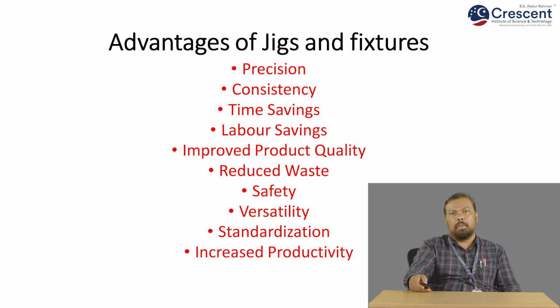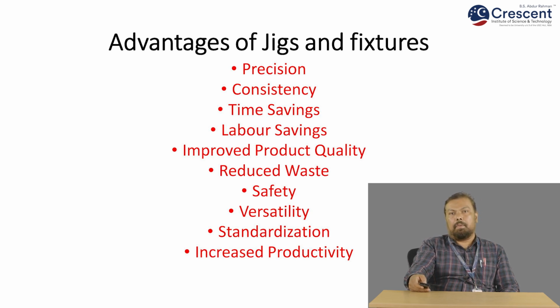Precision, which we have already seen. Jigs and fixtures help achieve a very high precision manufacturing process, ensuring the components are produced with very high accuracy. Consistency: they provide consistent results across multiple workpieces or batches, reducing variations in product quality. And time savings: the setup times are minimized with the use of jigs and fixtures, leading to shorter production cycles and increased efficiency.